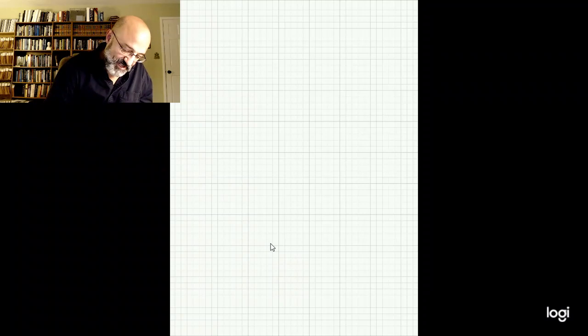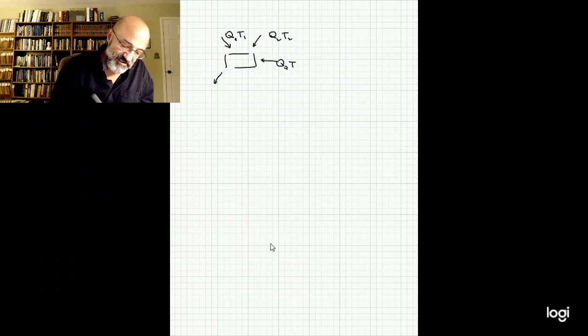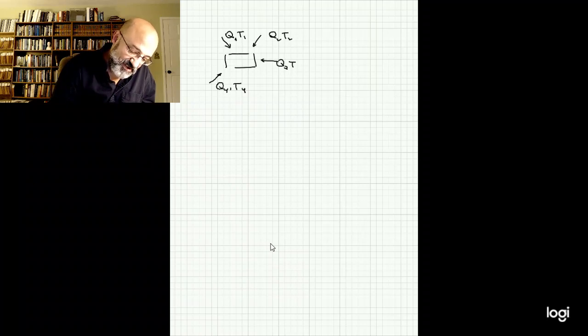Imagine that you have an engine that receives Q1 from one temperature, Q2 from a different temperature, Q3 from a different temperature, and then here heat going out, the lower ones, but still this is negative heat Q4 from yet another temperature, negative heat Q5 from yet another temperature.